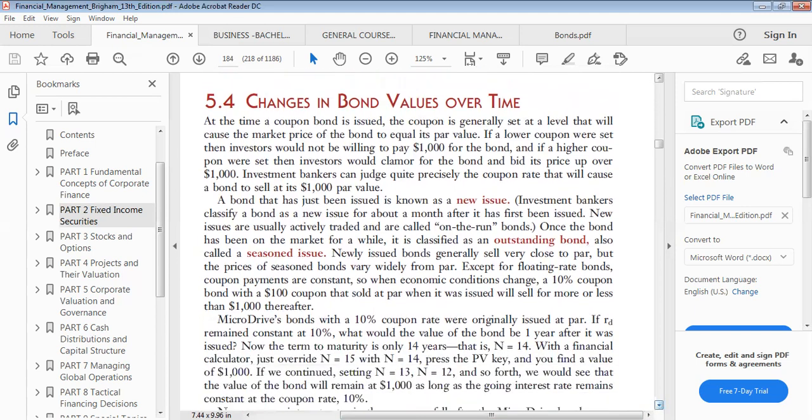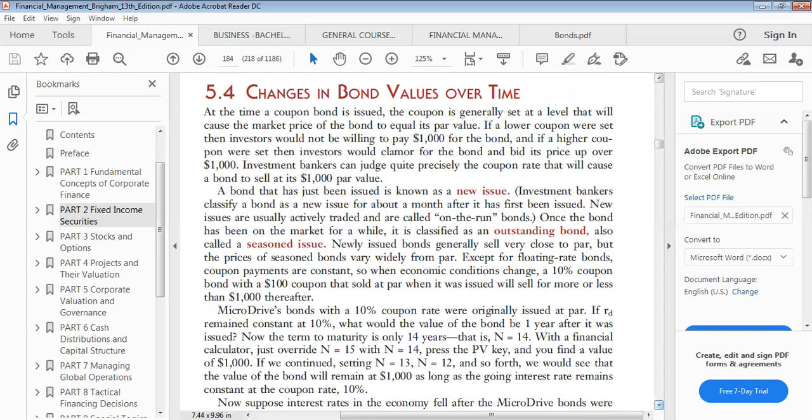Investment bankers can judge quite precisely the coupon rate that will cause a bond to sell at its $1,000 par value. A bond that has just been issued is known as a new issue. Investment bankers classify a bond as a new issue for about a month after it has first been issued. Now, these issues are usually actively traded and are called on-the-run bonds.